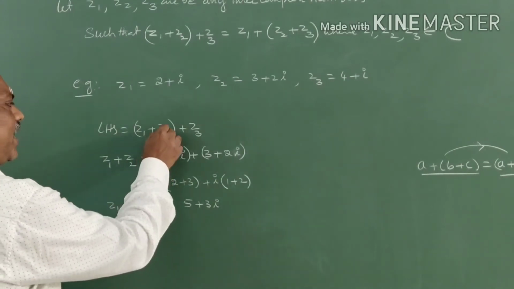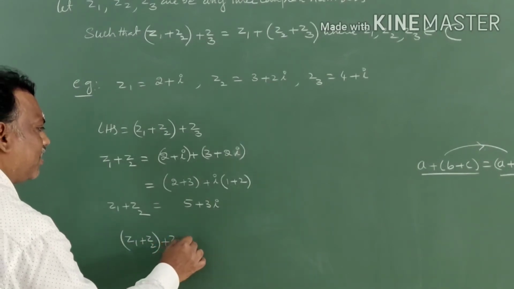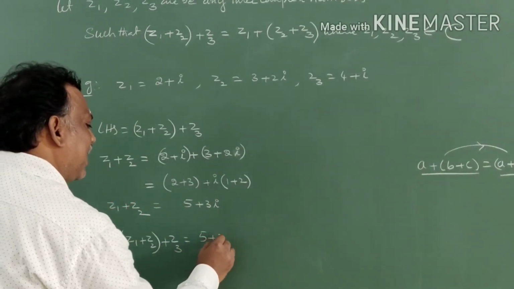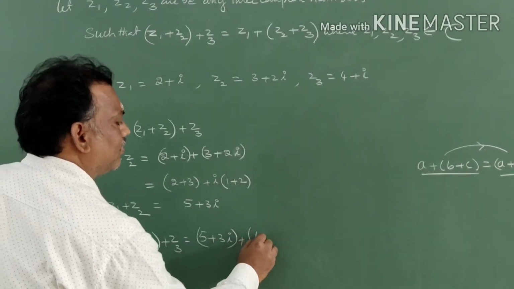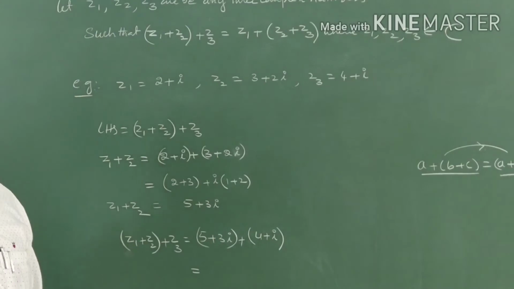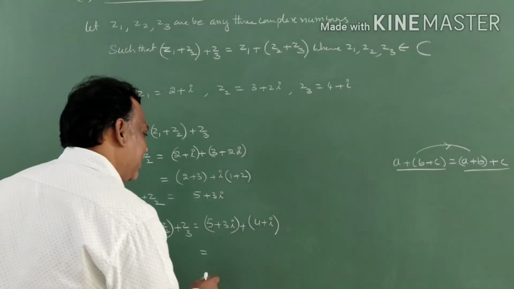But actually we need Z1 plus Z2 plus Z3. That is equal to Z1 plus Z2, which is 5 plus 3i, plus Z3, whose value is 4 plus i. Now again we check the sum of real parts plus i times the sum of imaginary parts.